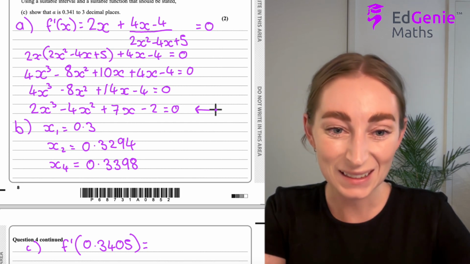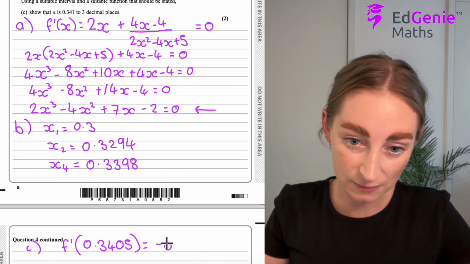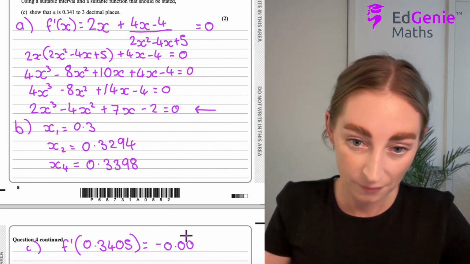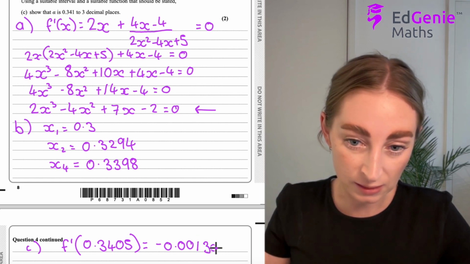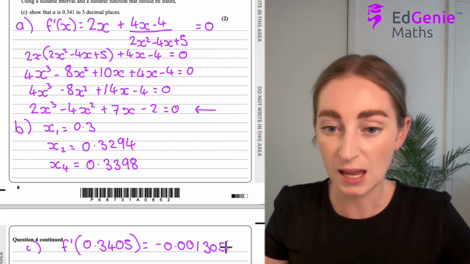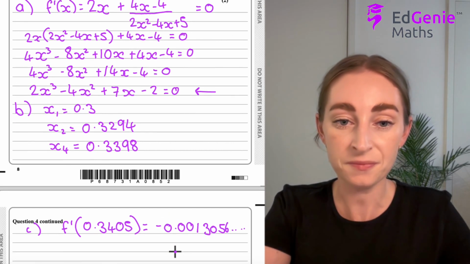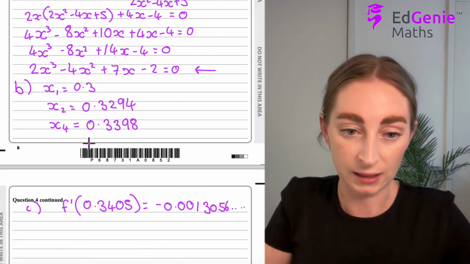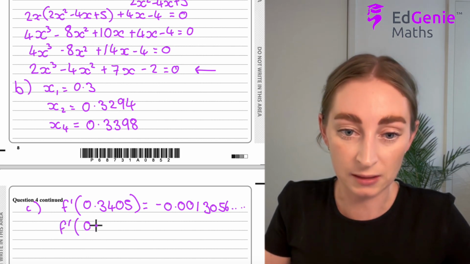Yeah. So I have got minus 0.13056. Doesn't actually matter. All that matters is that it's a negative. So don't clear the calculator, because then you're going to have to write it all out again.